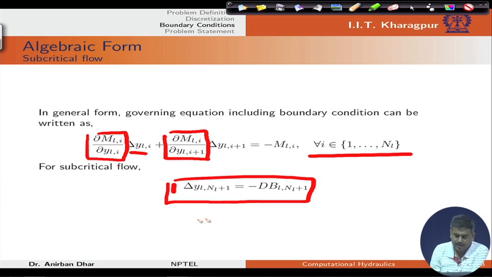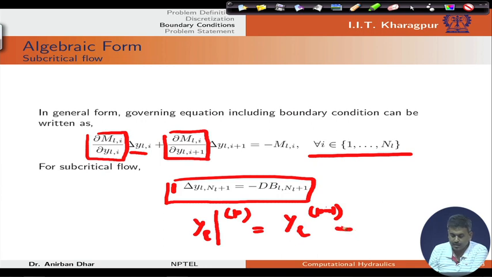We can do the update like this: the y L vector at the pth iteration should be calculated from y L at p minus 1, and this minus sign is already there.